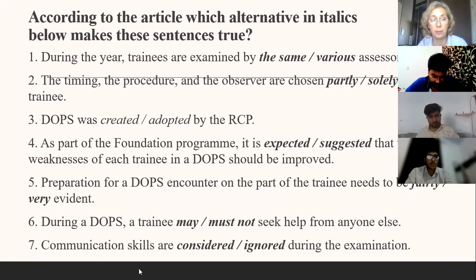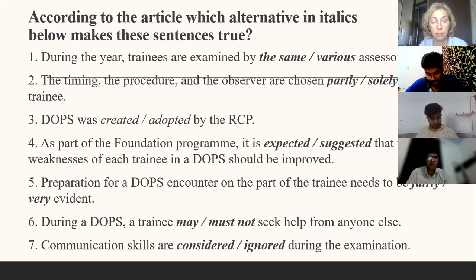This is not the program that teaches doctors. This is the program that evaluates the final result, evaluates the skills. That is why we need to choose very evident, so that the doctor prepares for this meeting carefully. Okay, and the next one is for Sayonika.